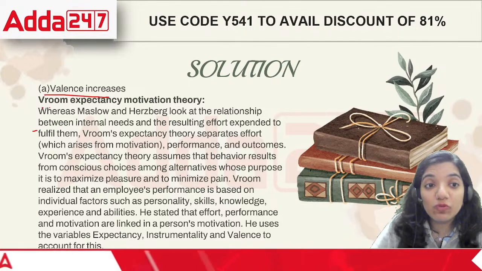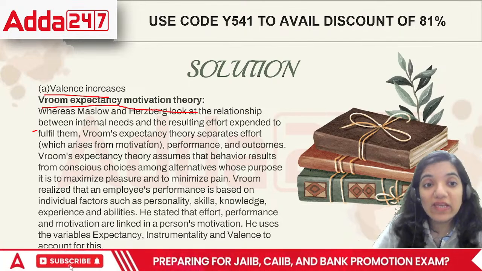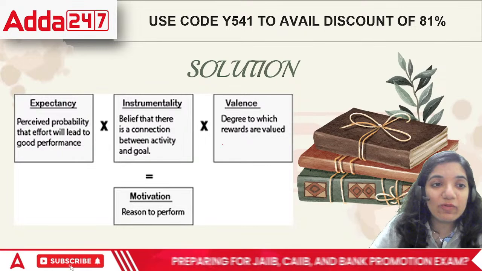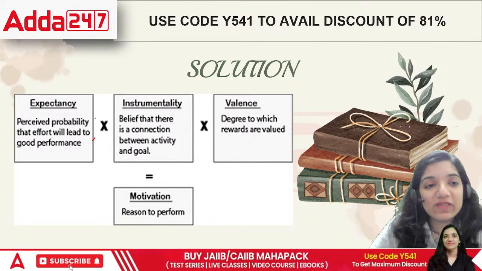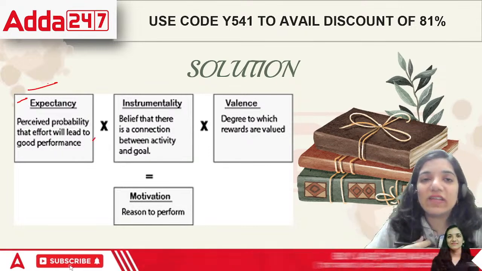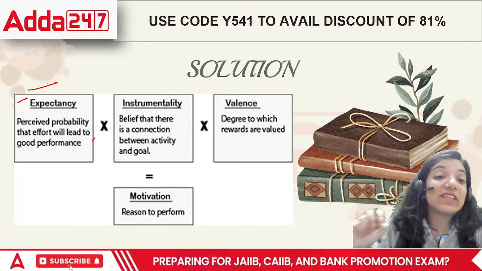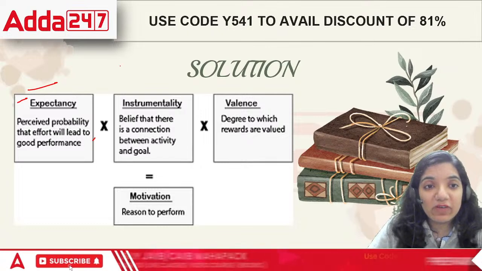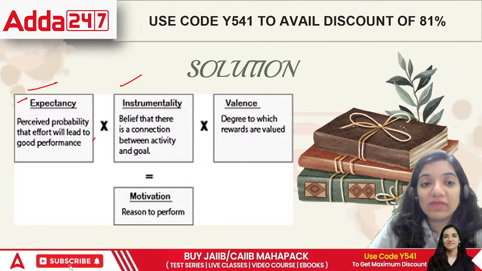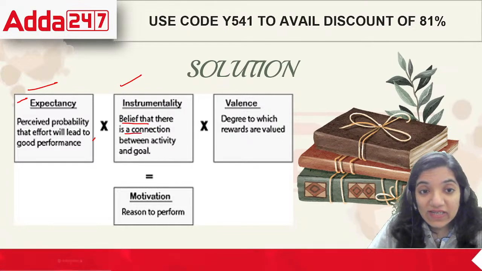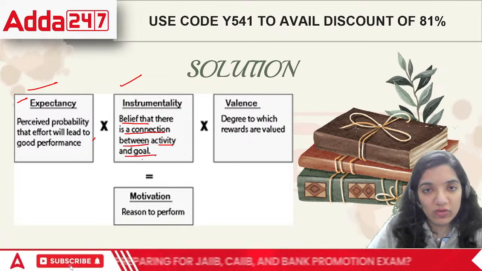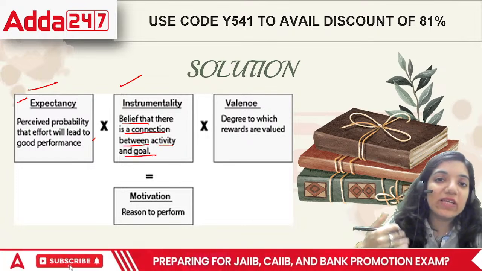In terms of Vroom's expectancy motivation theory, he clearly says that this is how it looks. Expectancy is basically the probability. If I see that in future I can complete this, then it's basically my expectancy. Then we talk about instrumentality. Instrumentality means belief that there is a connection between activity and goal. What I am doing is taking me nearer to my goal.